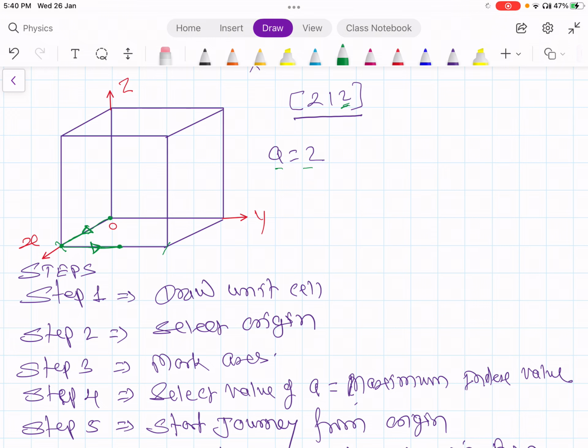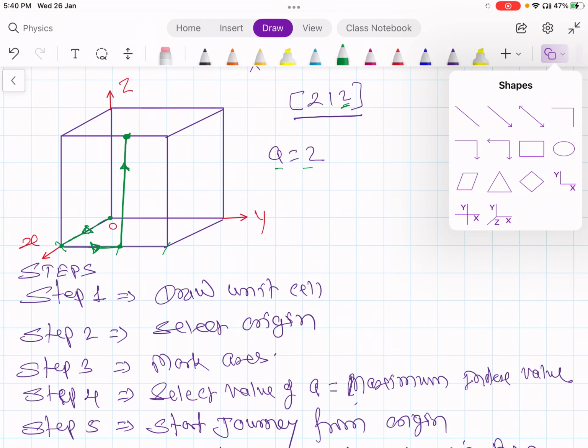The z index is 2, and the distance from this point to this point is 2. So you have to move distance 2 along the z-axis, and you reached this point. Must show the arrow. Must trace your path by arrow. So that is the final point.